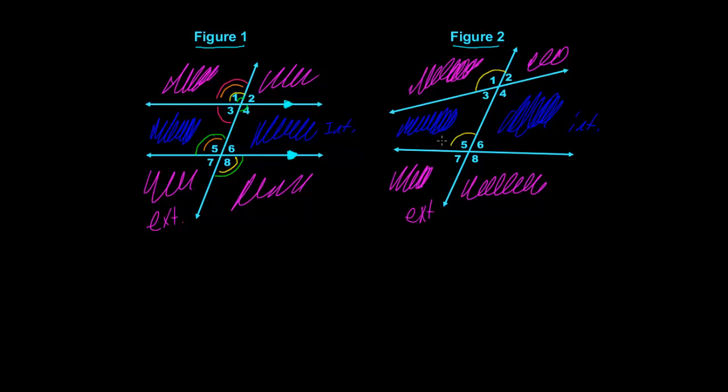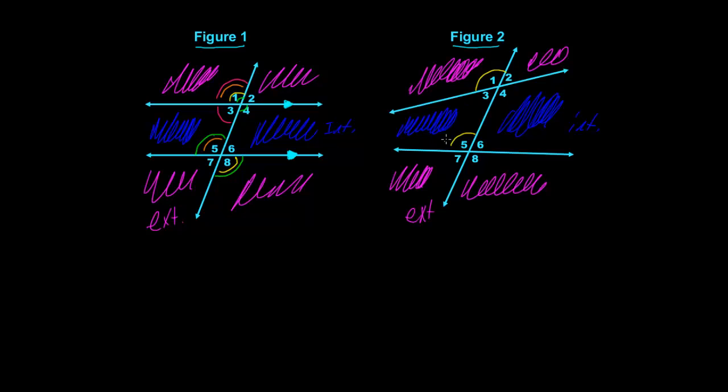And on these types, you're going to find they are exactly like the types before. We have 1 to 5, 1 to 4, 1 to 3, 1 to 8, 1 to 7. And then down below that, we're also comparing our angle 3 to both 5 and 6. Now the types of angle pairs formed will be no different. 1 and 5 are exactly the same as what we have here.